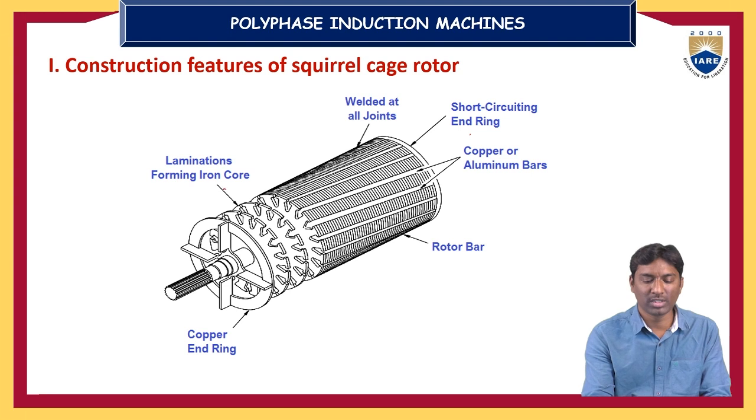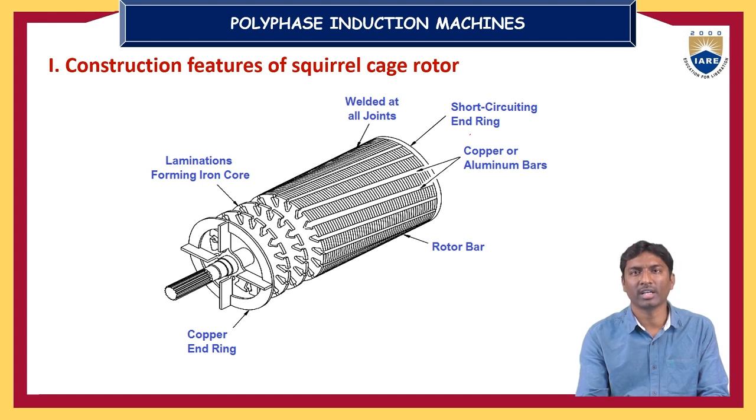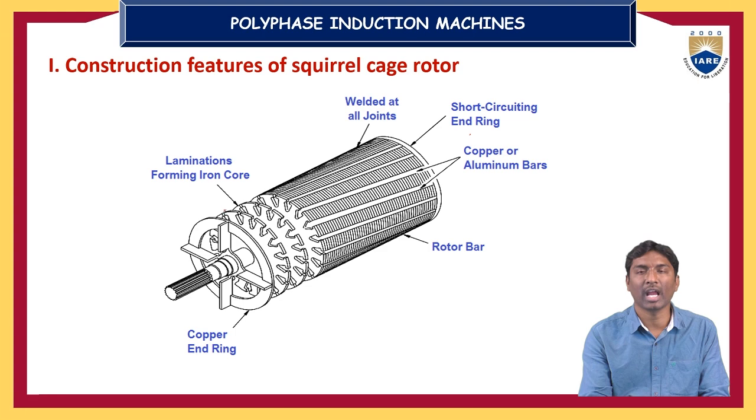I am using thick laminations to form the iron core to reduce the induced current in the rotor, and also to reduce the eddy current losses in the rotor.